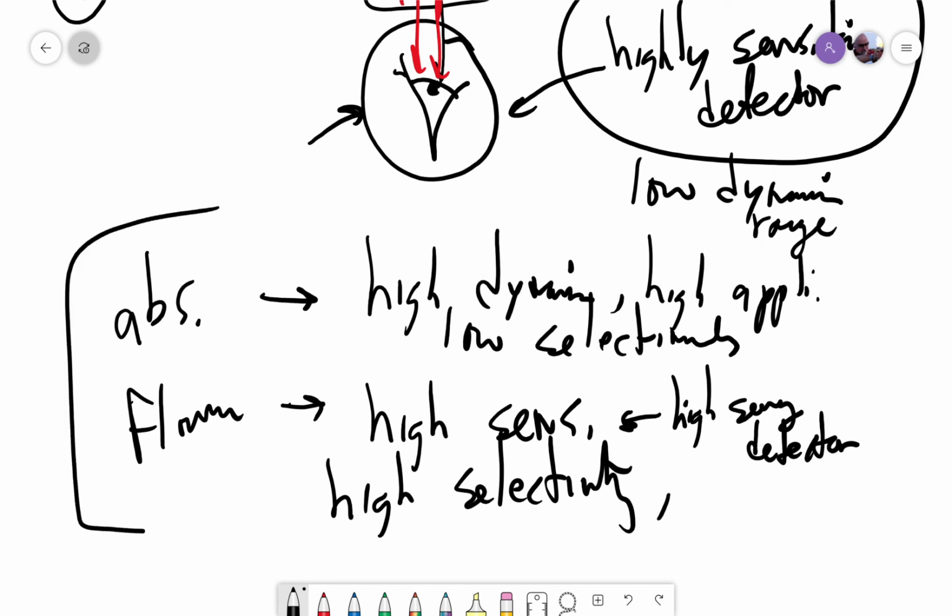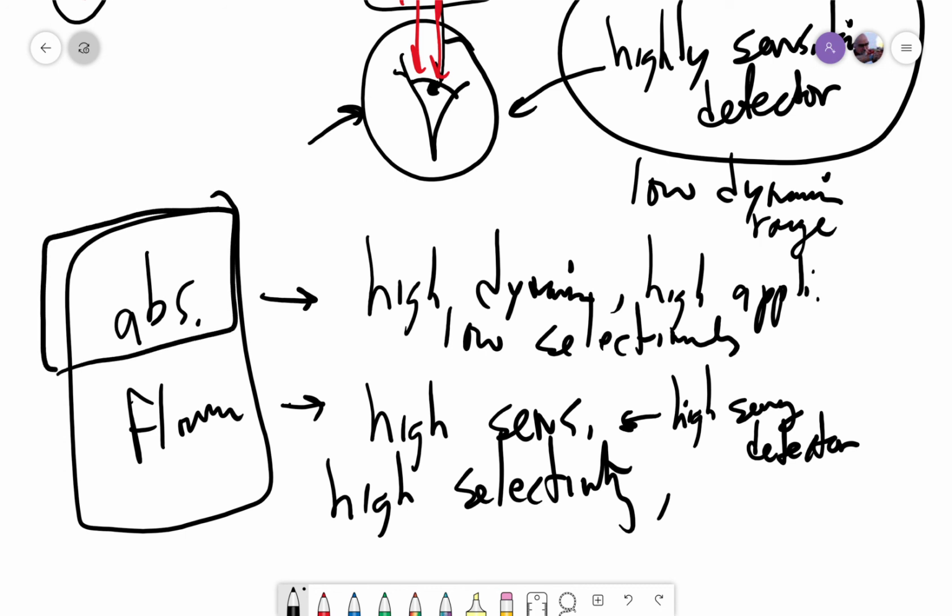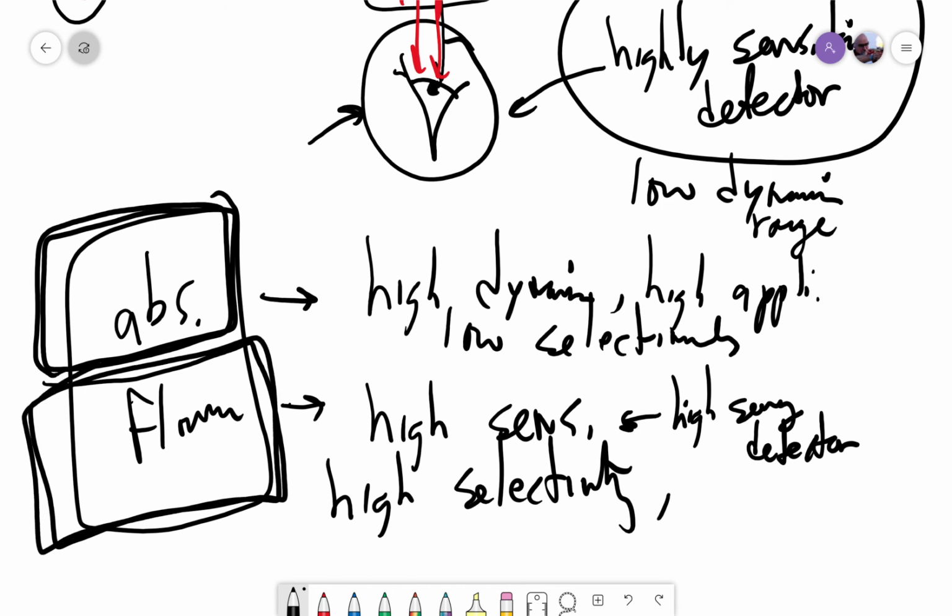Both of these techniques, absorbance and fluorescence, are used predominantly for quantitative measurements, meaning Beer's law. And the difference between them is absorbance is broadly applicable with big dynamic range, but fluorescence is highly selective with incredibly high sensitivity. Even though it's a low probability event relative to absorbance, it still has very high sensitivity because we can use a very sensitive detector.